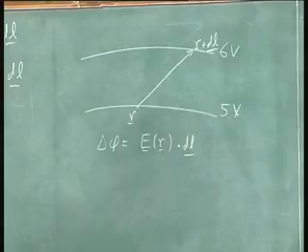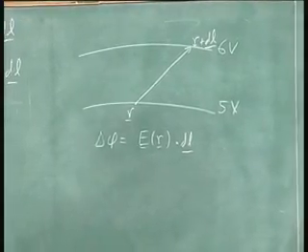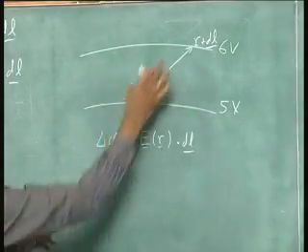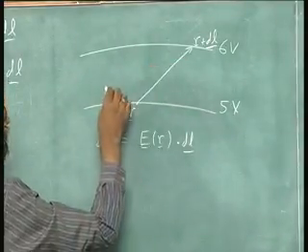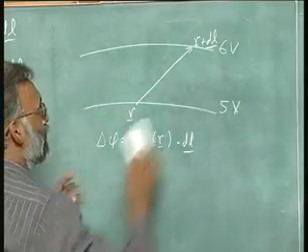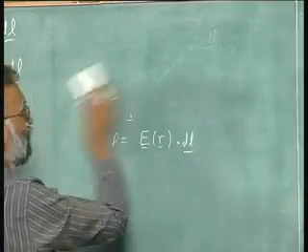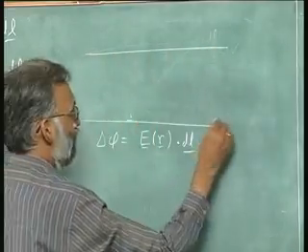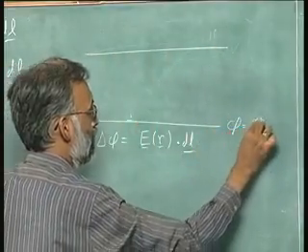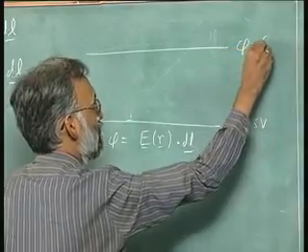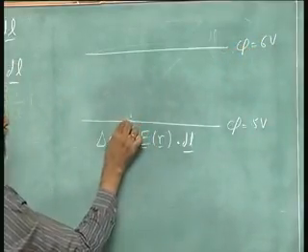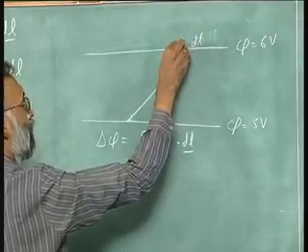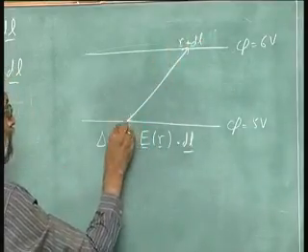Now, there is another way of calculating delta phi. Supposing these were straight lines, okay, and they are for very small distances, they are straight lines. So, if they are straight lines, you can draw this diagram as phi equals 5 volts, phi equals 6 volts, this is my dl and this is r.